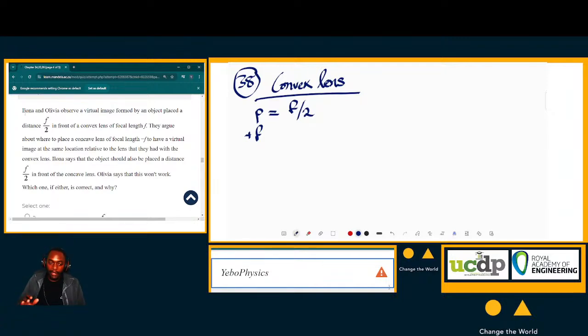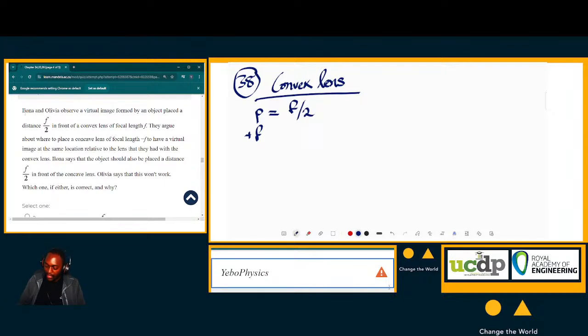And remember what we discussed in question 36, an object placed in between the focal point and the optical center of the lens will form a virtual and upright image on the other side, right?